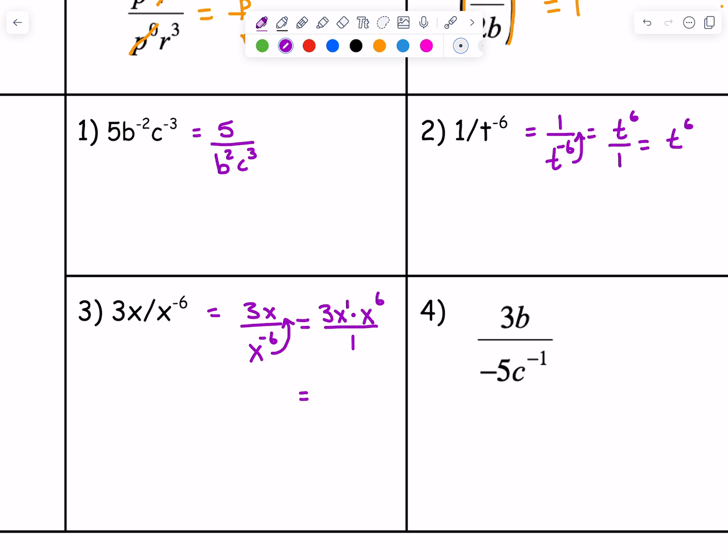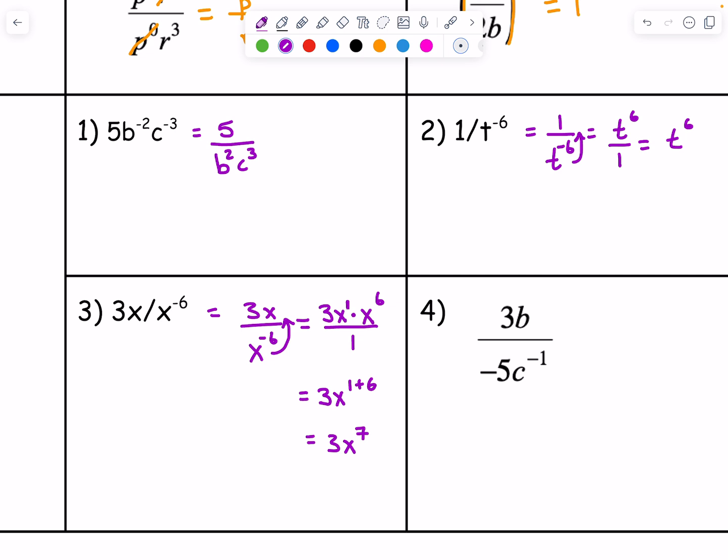So I have an understood 1 on that first x, and I want to add those exponents together. So it'll be 1 plus 6. So I still have my 3, and then I have x, and now it's just to the 7th. Excuse me, I wrote an 8. I think I was thinking ahead. So the final exponent would be a 7.